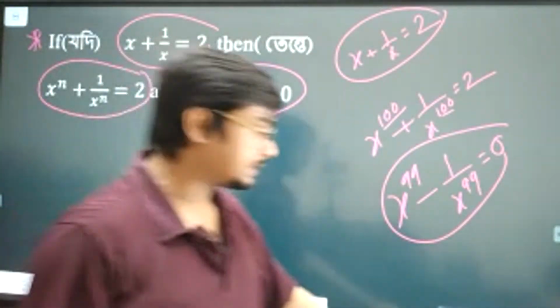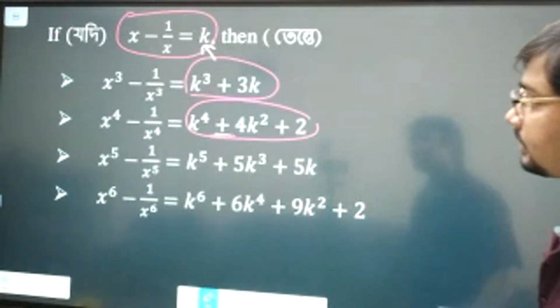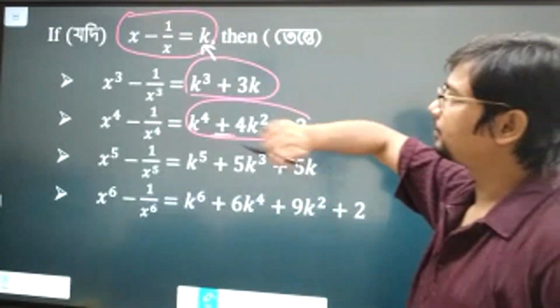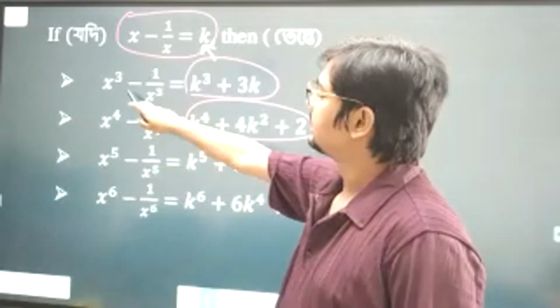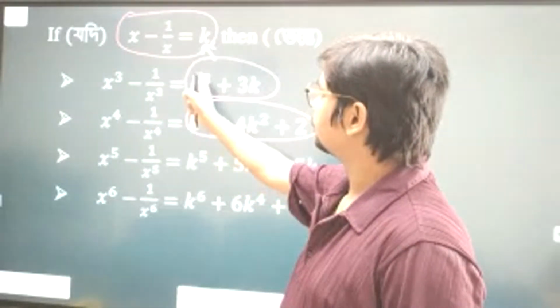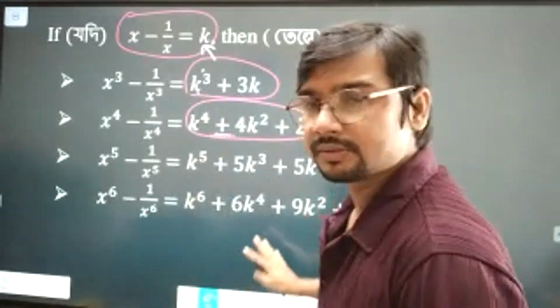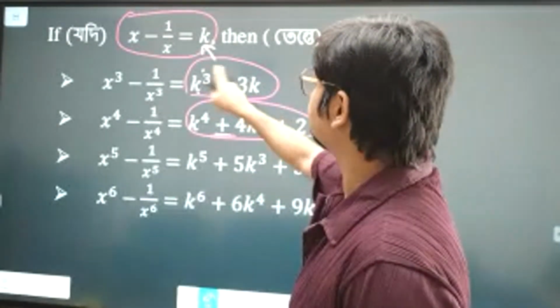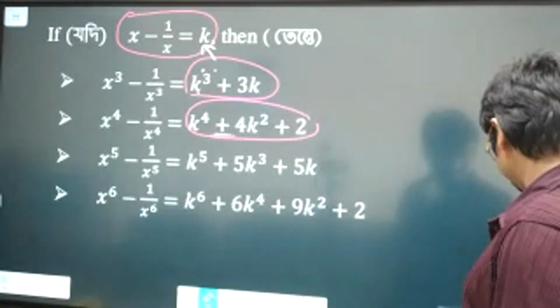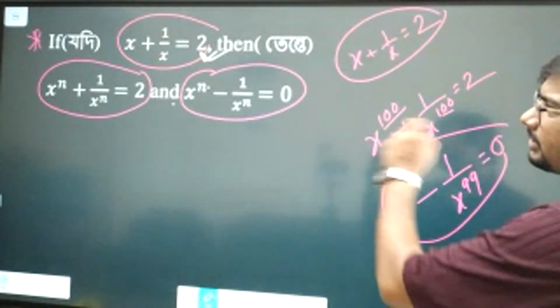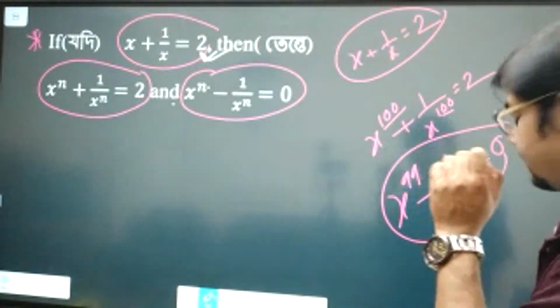And also we can easily prove this theorem by using this one. Here you see, if we put here k equal to 2, so 2 cube means 8. Okay, so we can easily prove this one. You see here, 2 cube will be 8. Okay, you just do here. Do you remember this formula? Okay, you just try to remember.